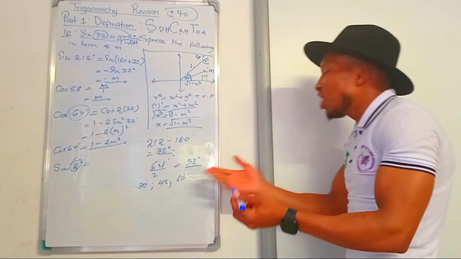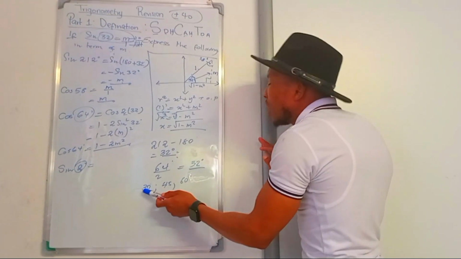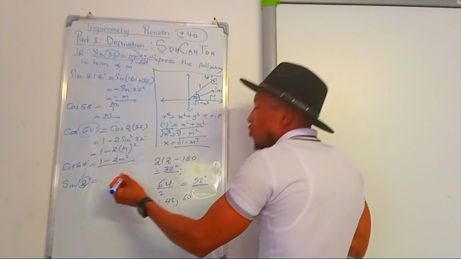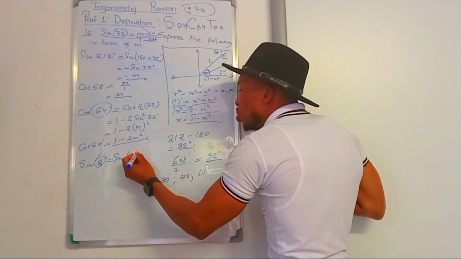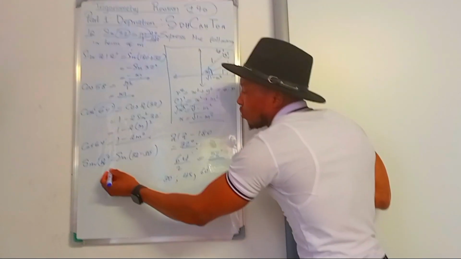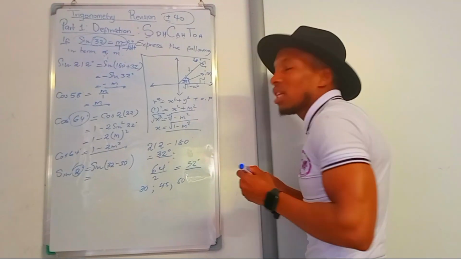Okay. Therefore, you can change by using 60 and 58, and also you can change by using 30 and 32. How? We're going to say that we have sine of 32 degrees minus 30 degrees. Therefore, we are going to get 2 degrees. Then after that, this is a compound angle of sine.